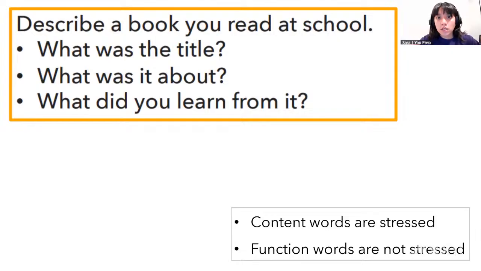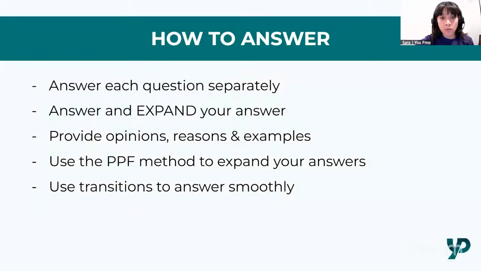What was it about? So I need to give a plot of what the book was about. What did you learn from it? What did I learn from that? That life is beautiful, and despite the different bad things that can happen to us, it is worth it to live a good life. Okay, we can say things like that. So that is a sample.